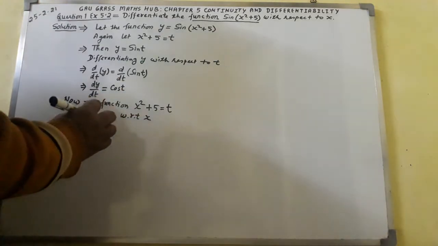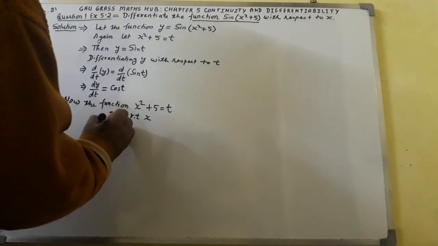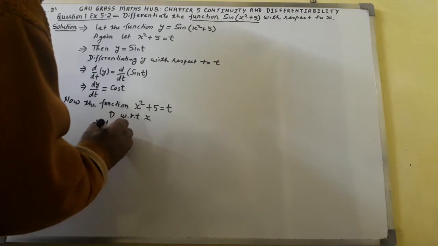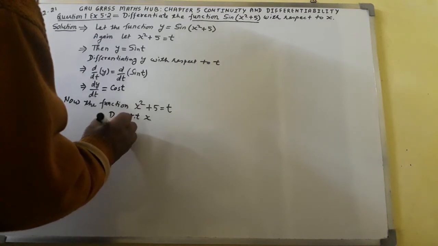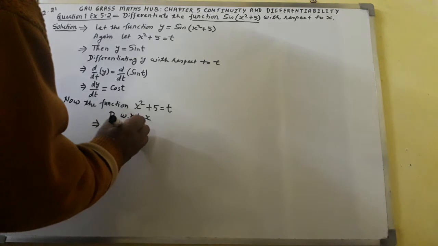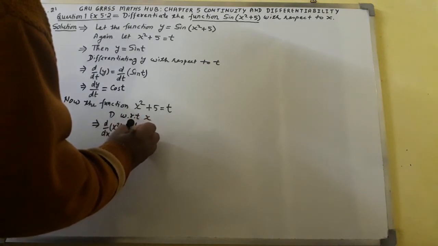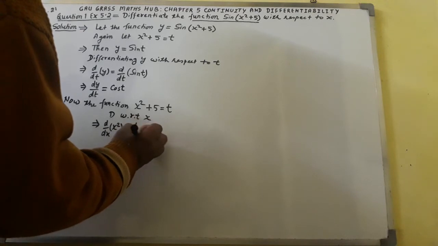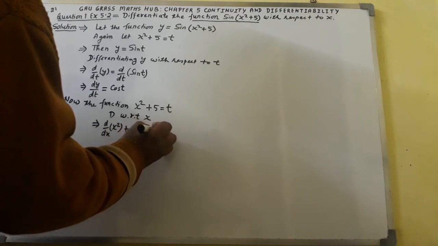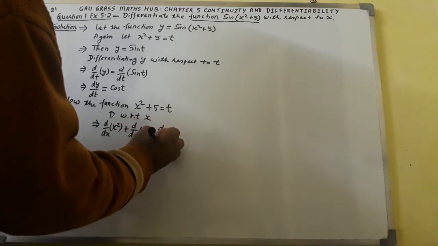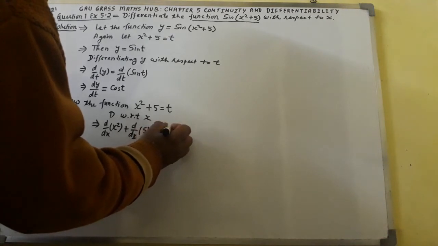So here I shall write d over dx of x square plus d over dx of 5 equal to d over dx of t.